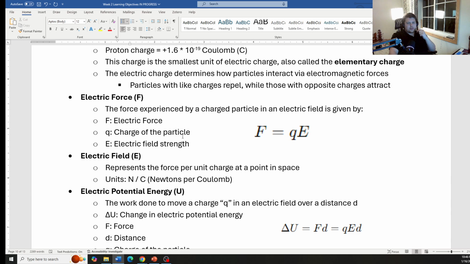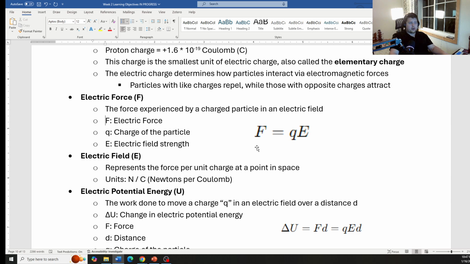Next, we talked about something called electric force. This is the force experienced by a charged particle in an electric field. This is given by the equation F, the electrical force, is equal to q, the charge of the particle, multiplied by E, the electric field strength. This is essentially going to be a plug and chug situation.